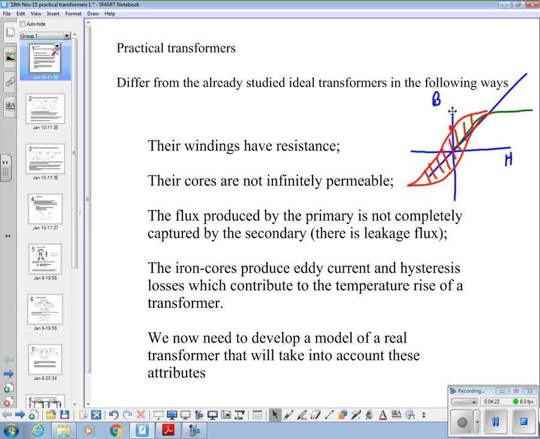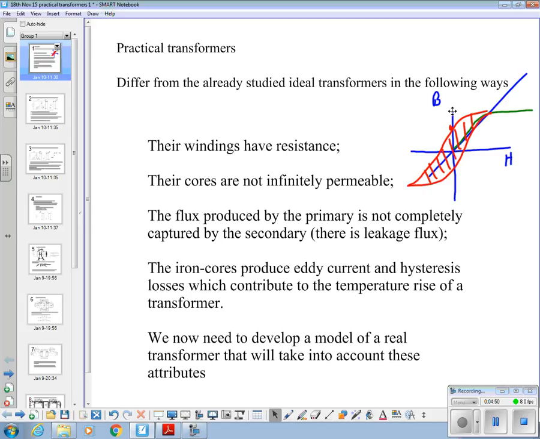Fourthly, the iron cores produce eddy currents and hysteresis loss. So I've sort of explained what I mean by hysteresis loss. Eddy currents are a build-up of electrical currents within the actual iron core, and we use a laminated core, which I talked about last week, to help try and prevent that, where the iron core is made up of a number of steel plate laminations insulated from each other.